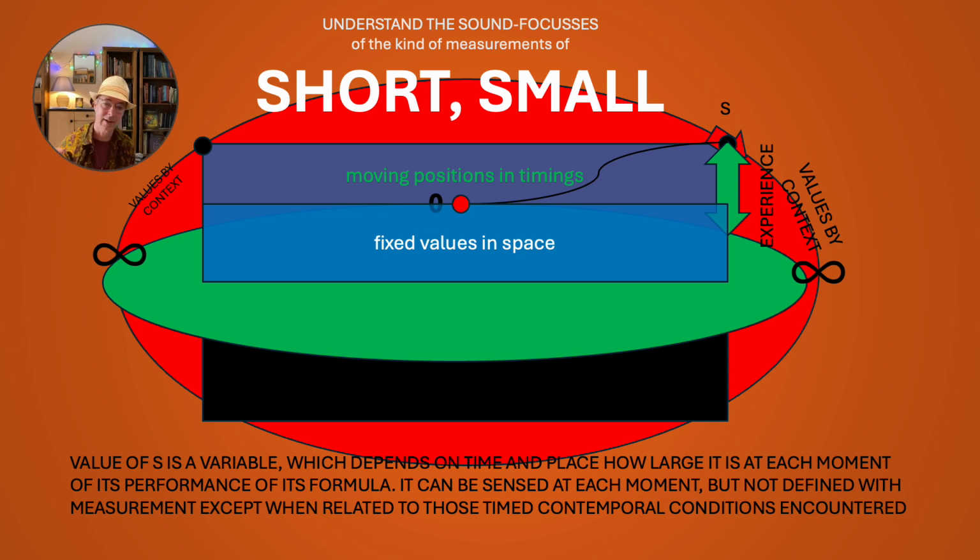The S is a letter from that third perspective. The third perspective is you can only have values by context. It is in between 0 and infinity, let's say. And in between that, there is behaviorism.